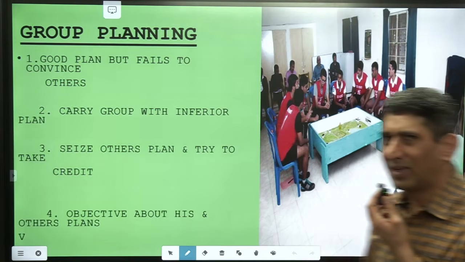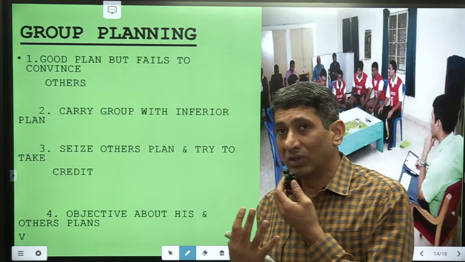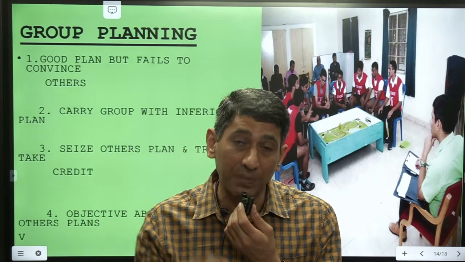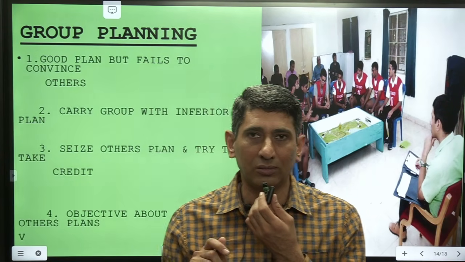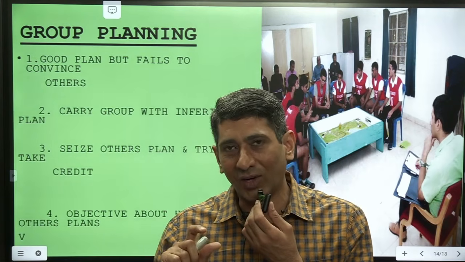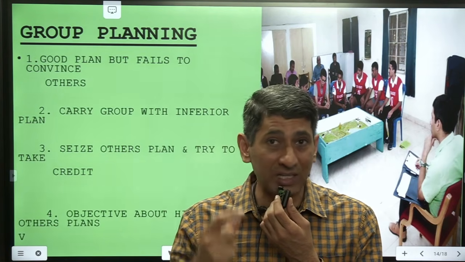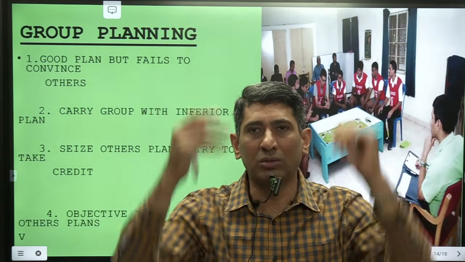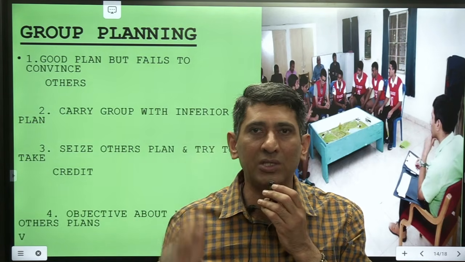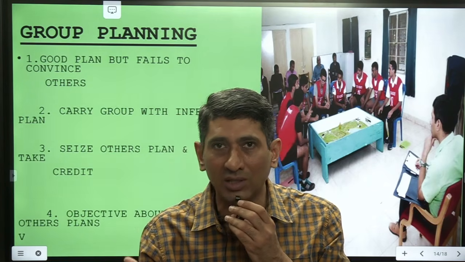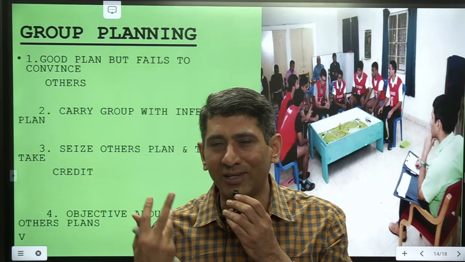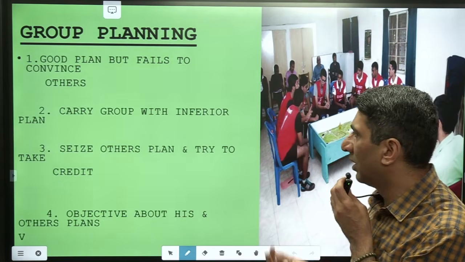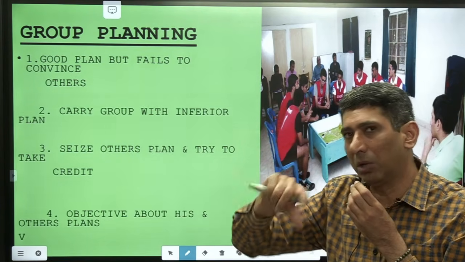Now, there are a number of things which you must know. Somebody might have a good plan, but it may not be accepted by the group. That is a possibility. Or somebody will have an average plan, but he is able to take the group along, and others accept his plan because his acceptability is better, or his ability to influence the group is on a higher scale than the person who has a good plan but is not able to convince.